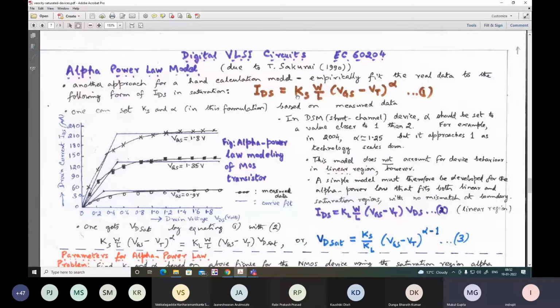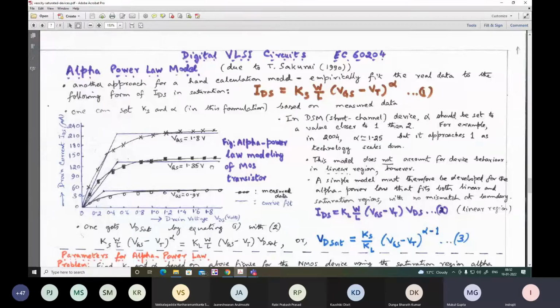This K is a sort of process transconductance, then the aspect ratio W by L, and (VGS minus VT) to the power alpha. Now, during his time, alpha was nearly 1.25, but presently it must be very near to 1. Whatever the value of alpha and K, they can be arrived at from a set of experimental data.